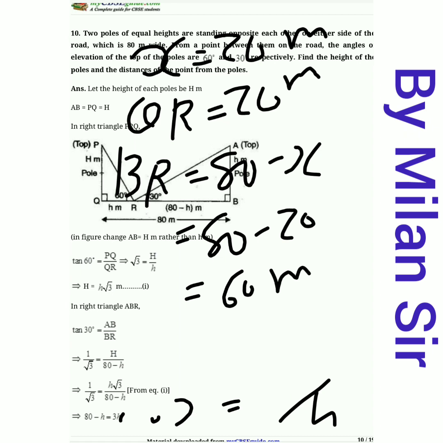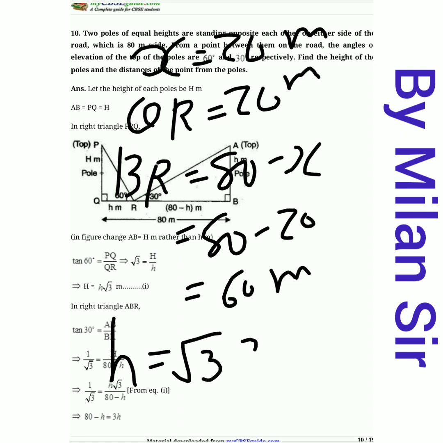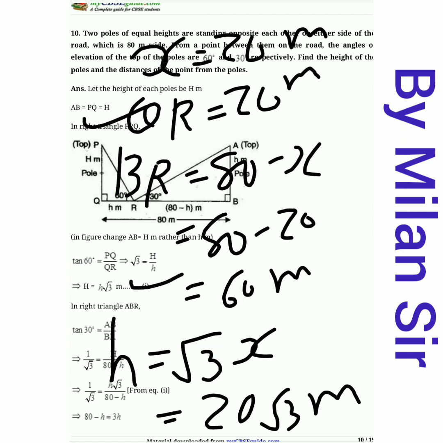So two things we find here, QR and BR. Now for h, use equation number 1. So h is equals to under root 3 x. Put the value of x here, so it is 20 under root 3 meter, right?